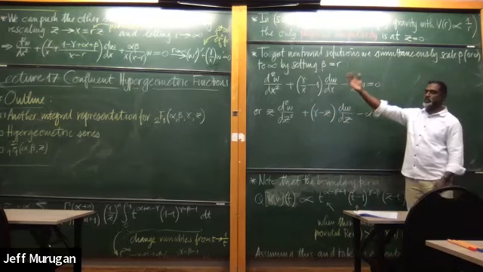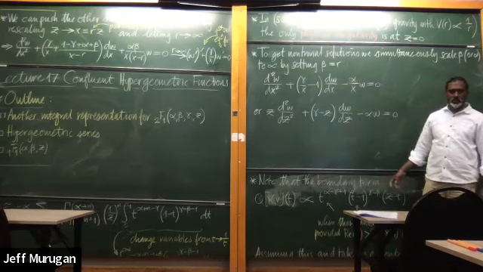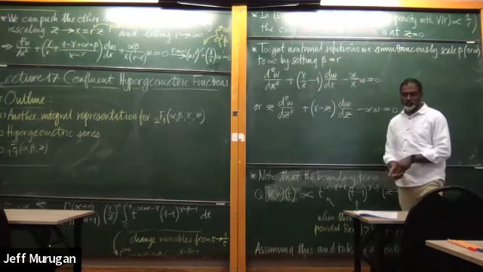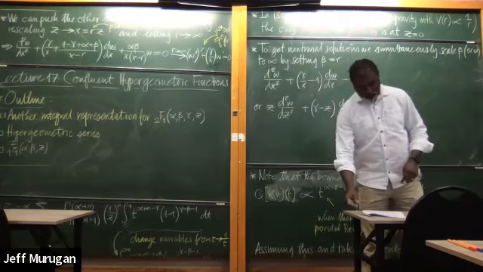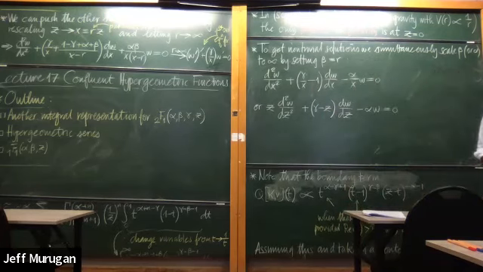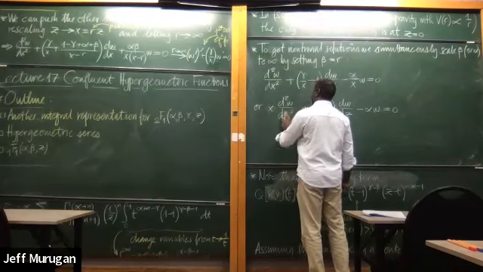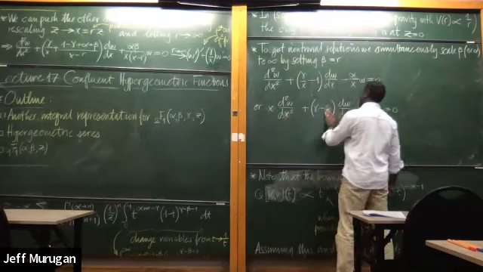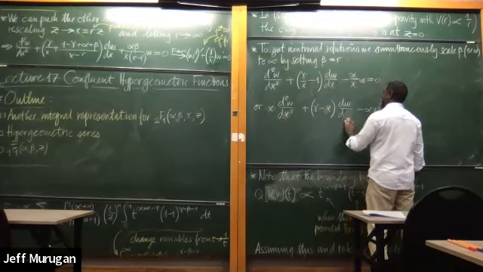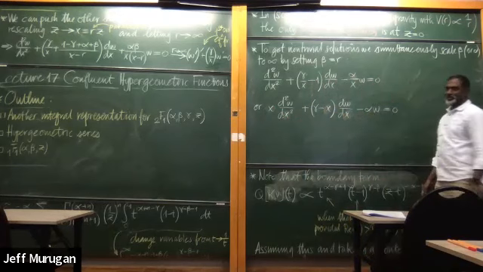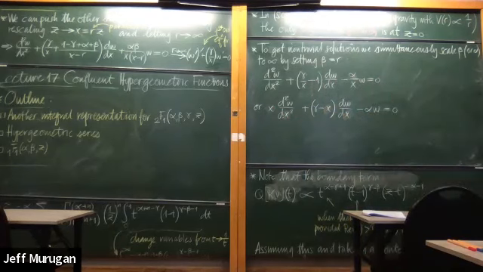So what I've done here is multiply through by x, and now I've called x z. I just want to indicate that I'm now talking about complex variables. So I just multiply through by x.